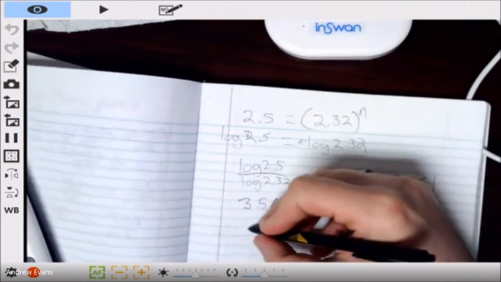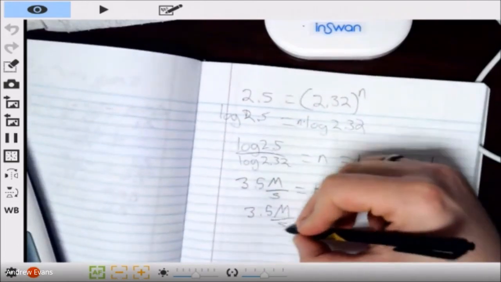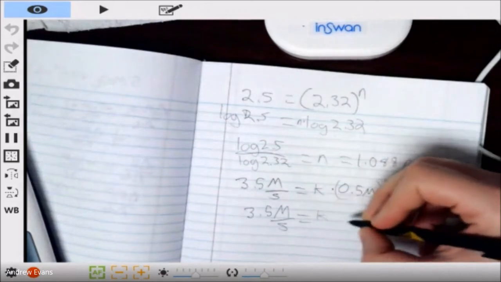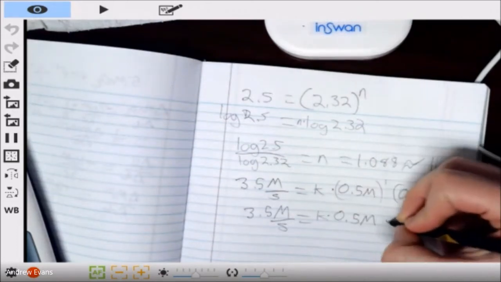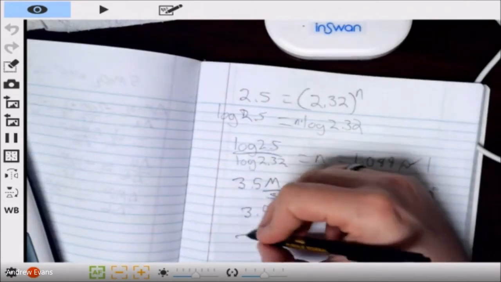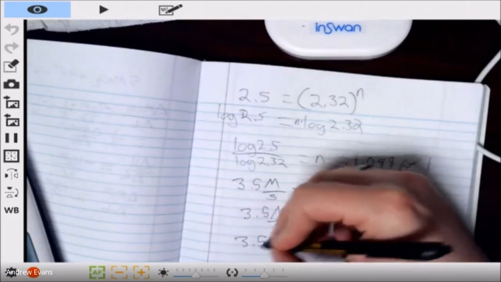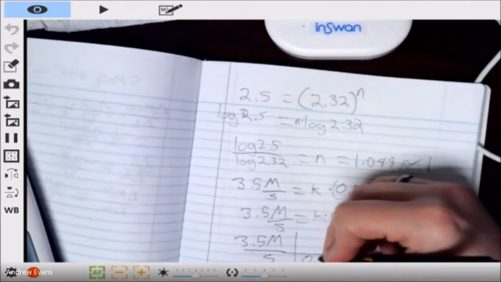You get 3.5 molarity per second equals K times 0.5 molarity times 1. Isolating this, you get 3.5 molarity per second over 0.5 molarity.